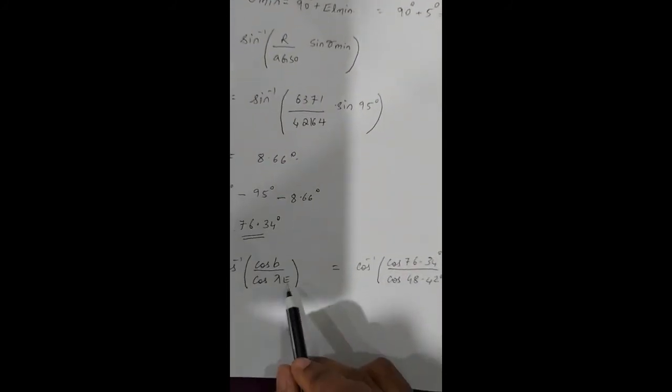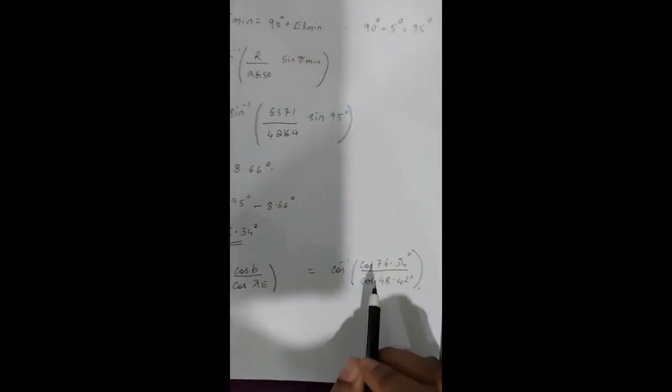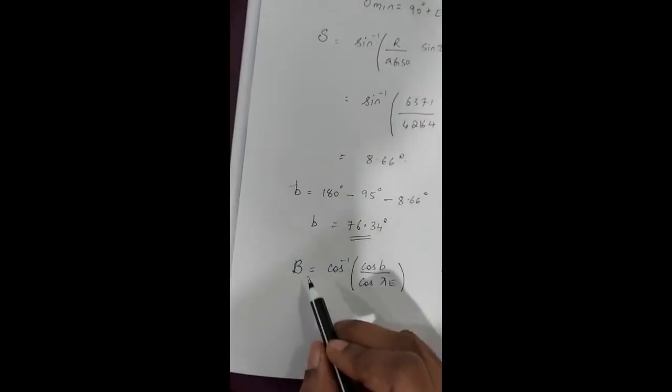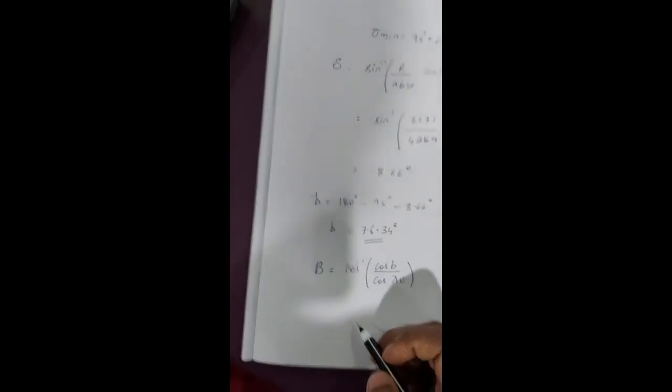Lambda e value is given in the problem, that is 48.42 degrees. The b value we found out, so substitute that and we can get the value of capital B. I always told you even in the theory that this angle B is important for most of the problems. The angle subtended by phi E and phi S is at the North Pole.